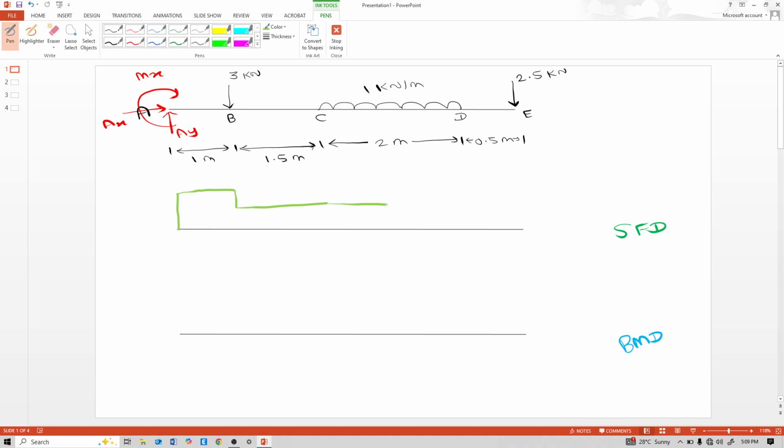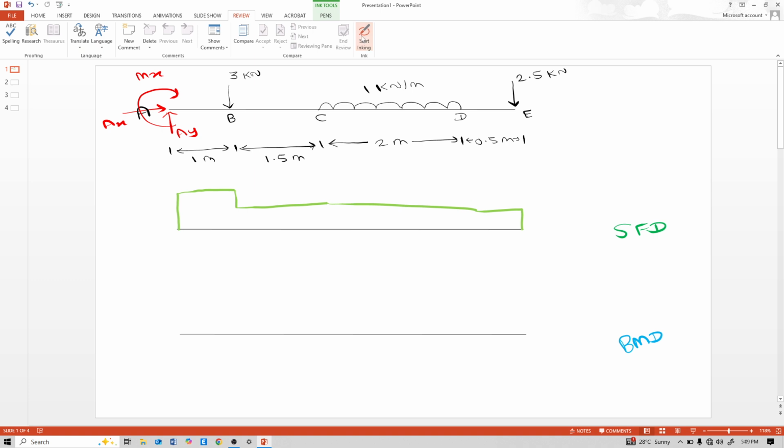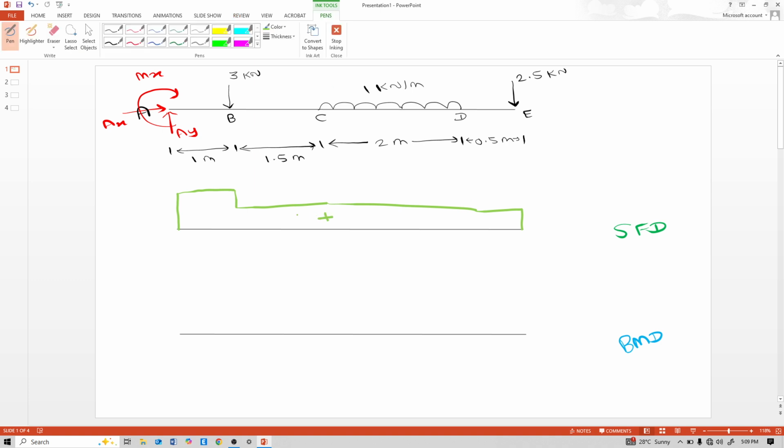D to E there is no load, so horizontal line, and again it drops down. So this is positive shear. This is only a judgmental SFD. This might be wrong or might be correct. I don't know. This is finalized after corrected numerical calculation.